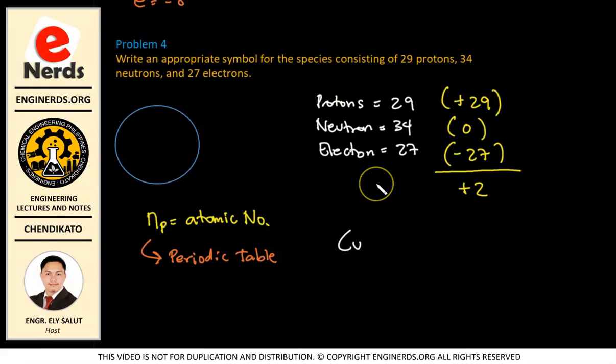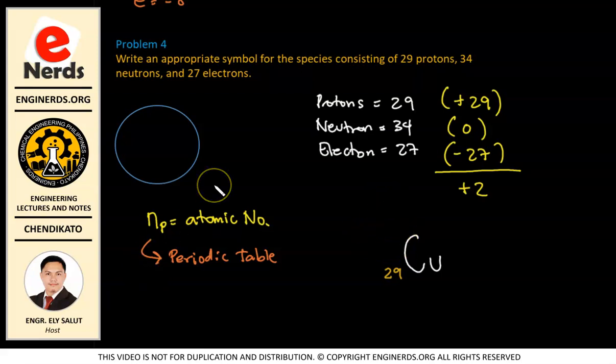If you want to write that, let me write it bigger because we need to get the appropriate symbol. So here I have a bigger symbol, which is copper. For copper, we know that the atomic number is equal to the number of protons, which is 29, so that will be written here in the subscript. Now what's next? We need to find the mass number, which is written on the top left.